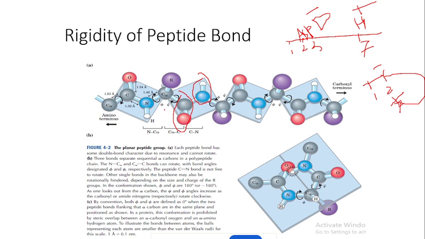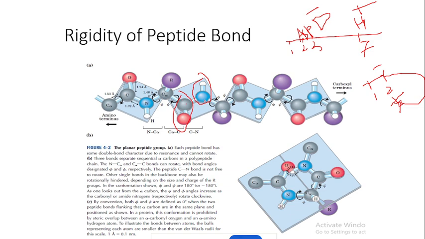So there are two dihedral angles: one is phi and one is psi. Phi is the dihedral angle measured upon rotation of this C alpha-N bond, right?